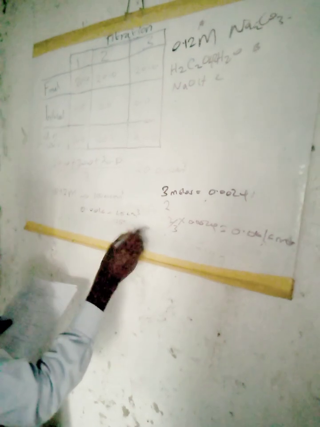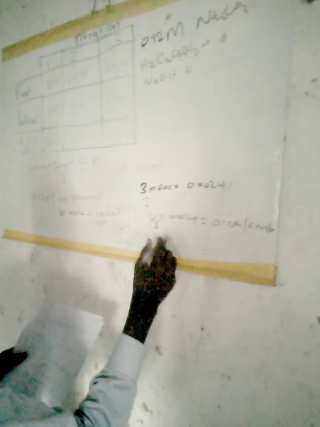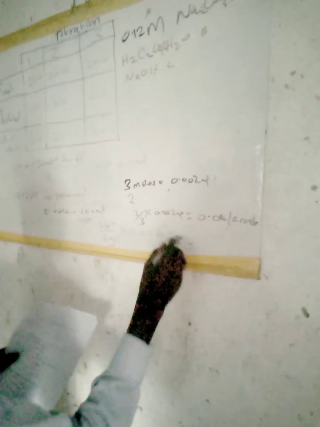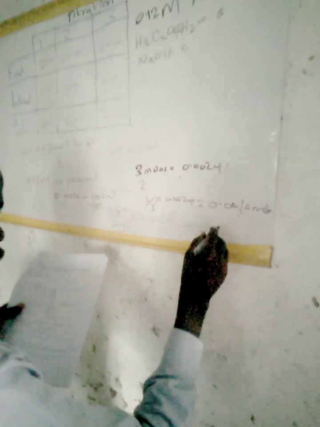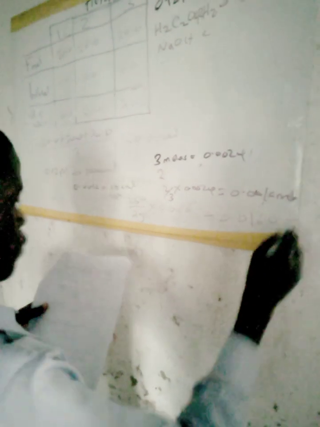It is 250 divided by 25, then you multiply by 0.0016 moles. So on this one you are going to get 0.0160 moles of solution D in 250 centimeter cubed.